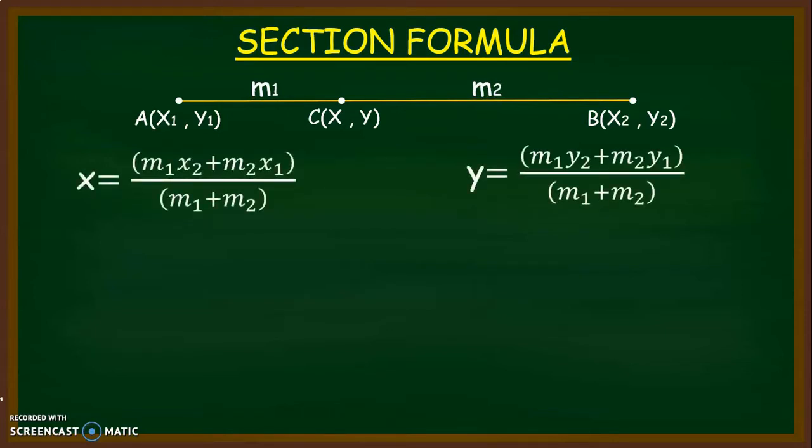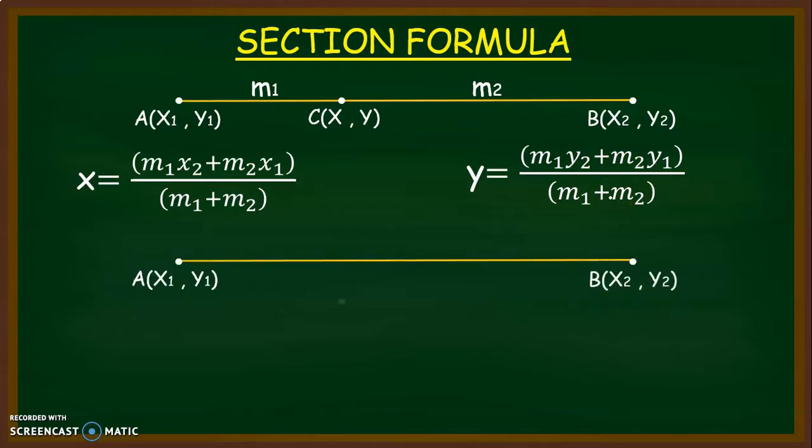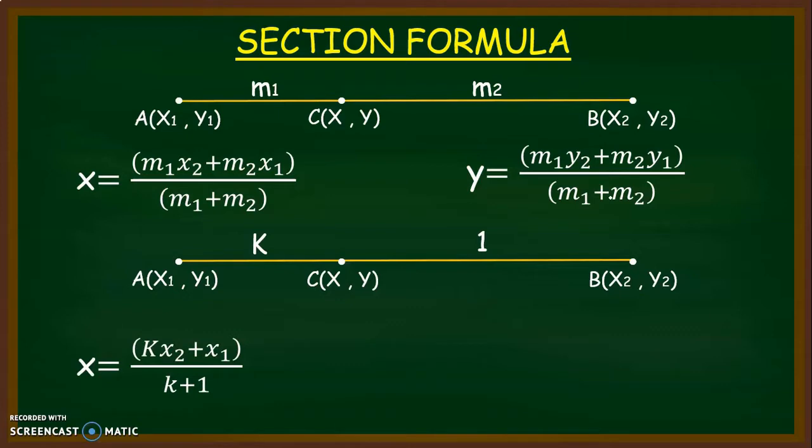and the formula for x is x equal to m1 x2 plus m2 x1 divided by m1 plus m2. And in the same way, the formula for y is m1 y2 plus m2 y1 divided by m1 plus m2. And if we consider this line AB is divided by point C in the ratio of k is to 1, then we can use another section formula, represented as x equal to k x2 plus x1 divided by k plus 1 and y equal to k y2 plus y1 divided by k plus 1.